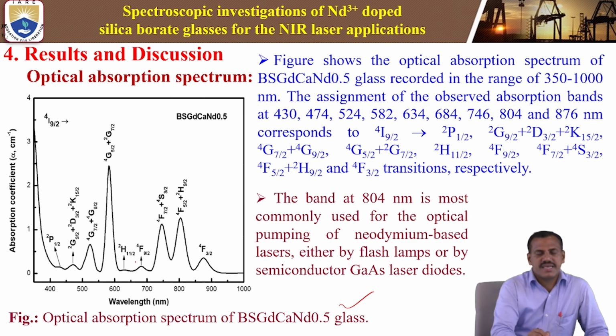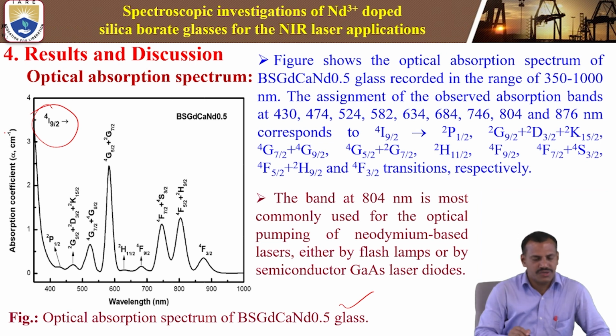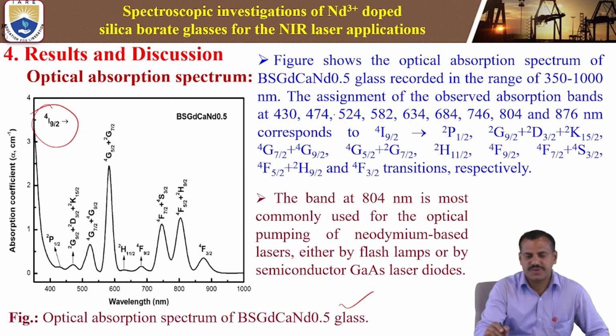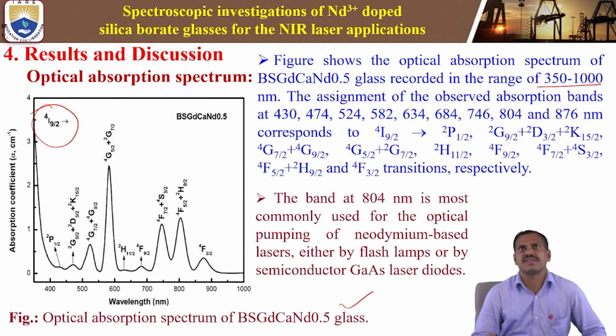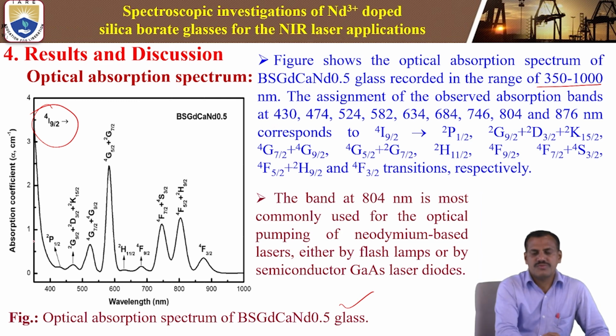We observe absorption peaks from the visible region to the near infrared region, ranging from 350 to 1000 nanometers. The ground state of the Nd3+ ion is 4I9/2, and the assignments of the absorption bands run from 430 nanometers to 876 nanometers in the NIR region.